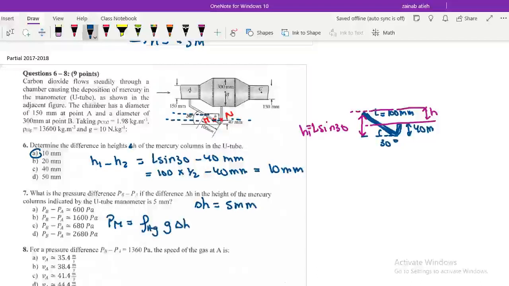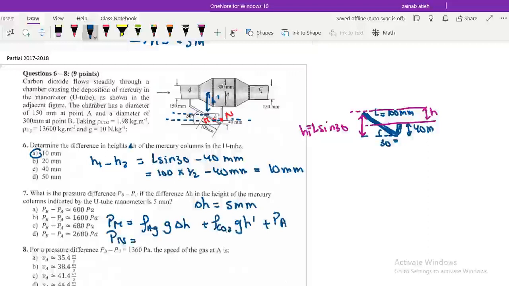اوكي، بيرجع من بعد هيدول في ارتفاع لحد ال A. I will call them H prime من حد هون لهون، هيدول CO2. So plus rho ل CO2 G H prime plus PA.